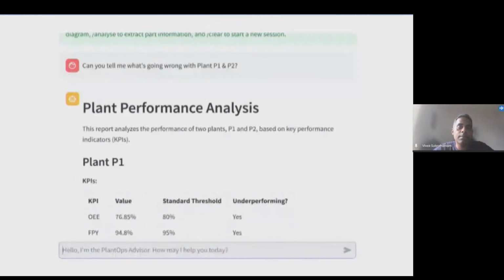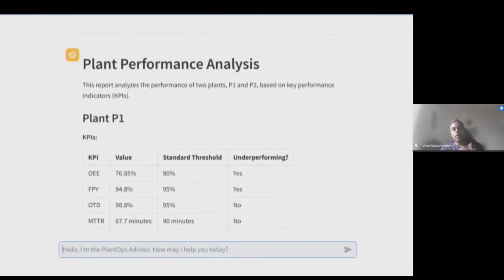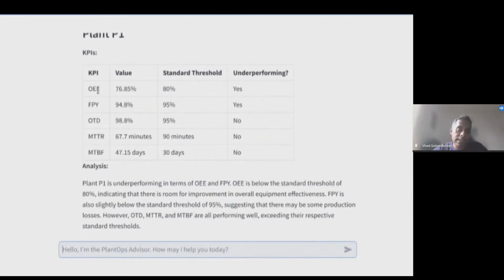Now, the analysis is something like this that Gemini has created, right? It says that, look, using the prompt train instructions and pulling out information, it's pulled out the values of the KPIs, and the values of the KPIs are from the enterprise data warehouse, which is BigQuery in our case. So you know that is grounded in factuality. Post that, it's pulled out the threshold values.